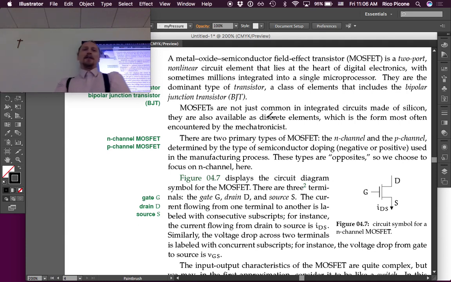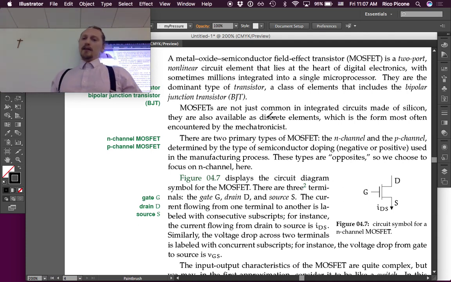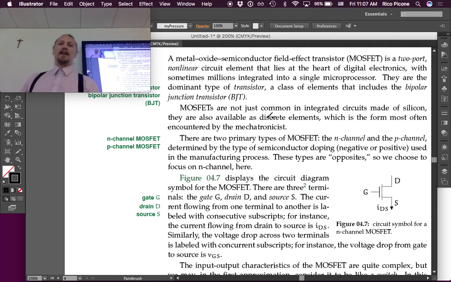This terminology of doping of semiconductors, any familiarity with that notion? Not many people are familiar with it. A semiconductor, like silicon, does not conduct electricity well. But if you dope it through different processes, it becomes a good conductor. If you dope it such that the charge carrier is an electron, which is negatively charged, then it's an N-type semiconductor.